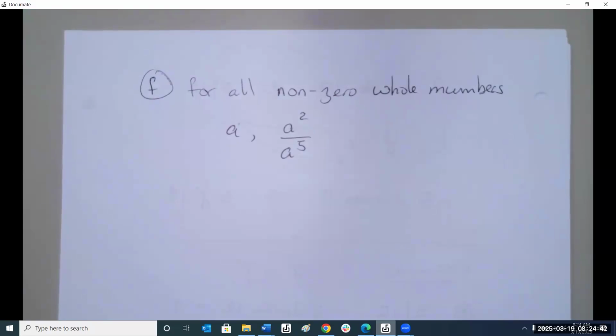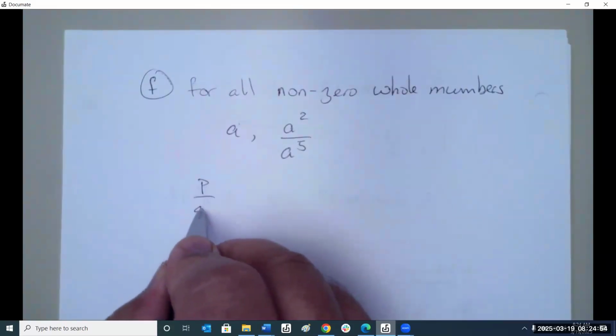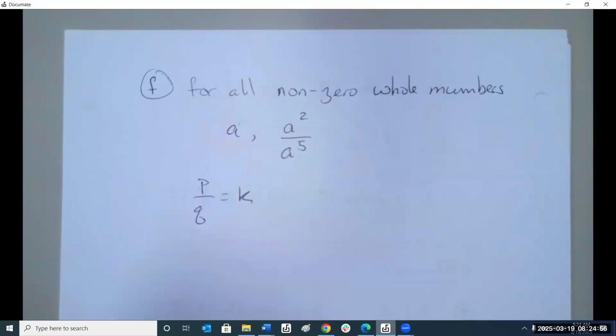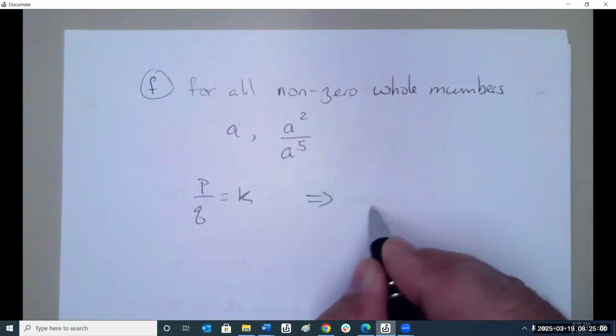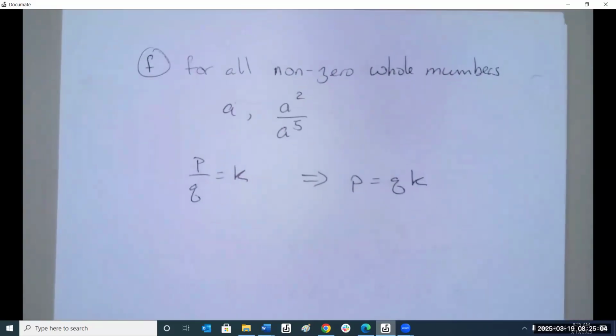Remember, what is the formula we have to use to test this? To test if this is true, we have to show that there's a value K that makes it true.